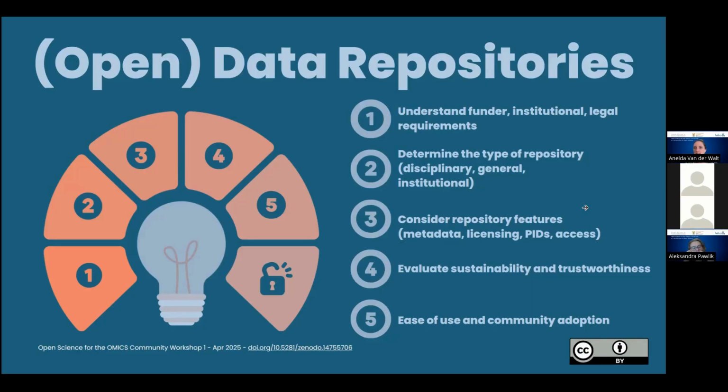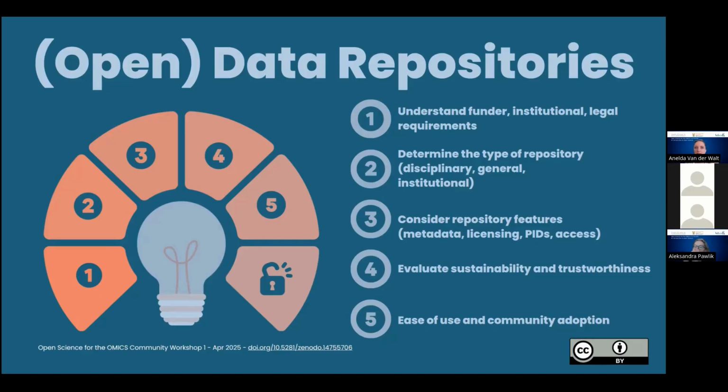And then also access. So you can have open data that is behind a login. That is also a way of making data open. I mean, as Alexandra showed with the Creative Commons, there's always a scale of openness.